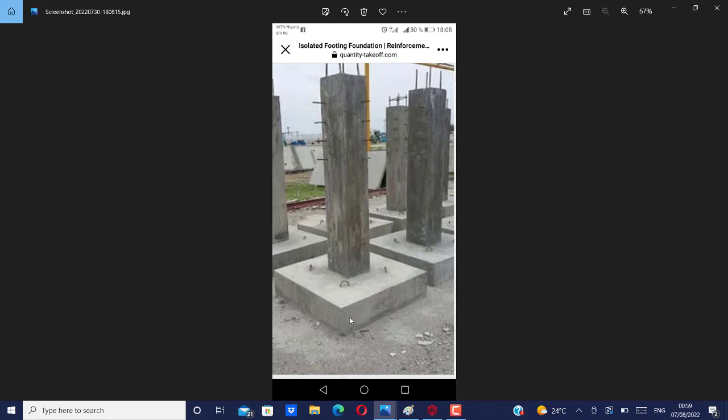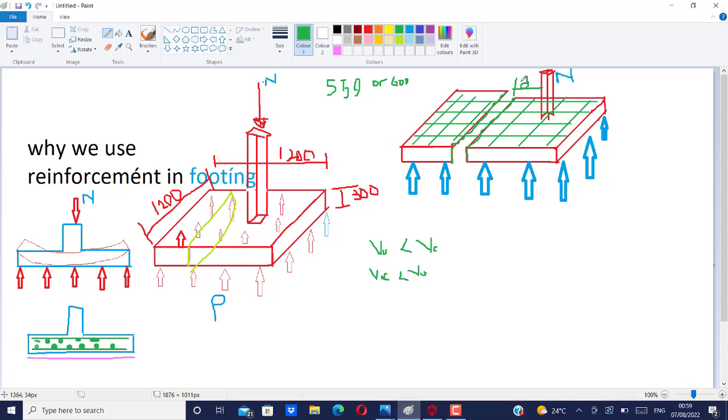That is where you can see this footing shear into two. So that's what I have tried to represent here. It will shear into two at a distance of d from the face of this column. That's where you are likely to see this crack or this shear in your footing.